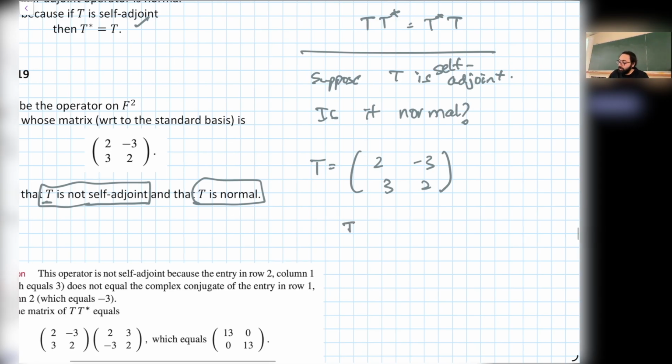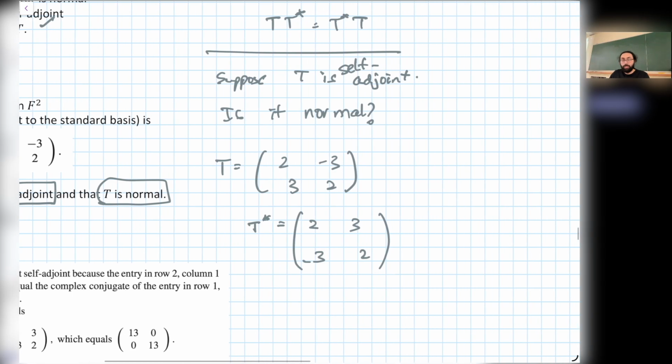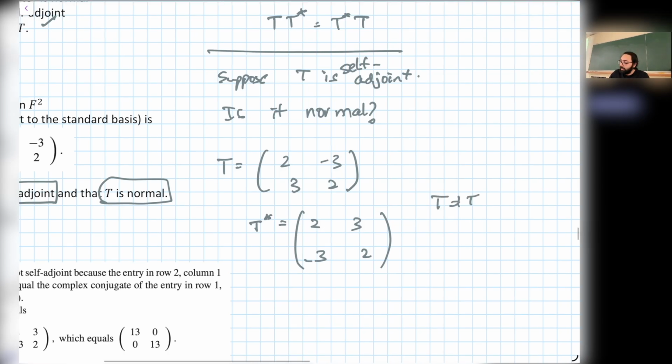You take the transpose and then complex conjugate element wise. So here it would be 2, 2, and you take the transpose, so you have minus 3, 3. Is that fine? There's nothing complex, so there's nothing to conjugate. So is this self-adjoint? It's not, because T and T star are different. So T is not equal to T star. So T is not self-adjoint.